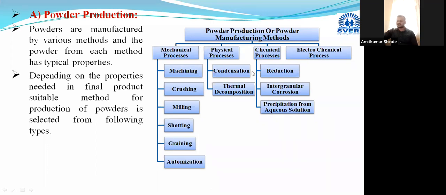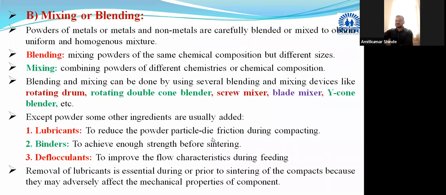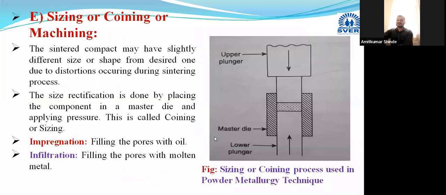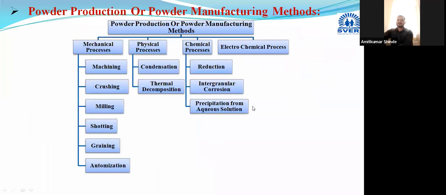I have highlighted here, or if it is not visible, I will show you that in the big slide. Okay, now it is visible. These are the methods of powder production or powder manufacturing. This is the first step, that is powder production.